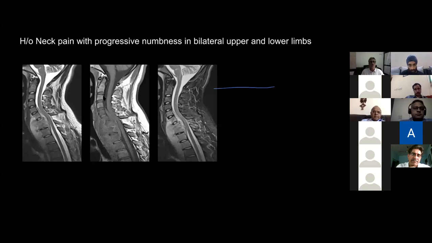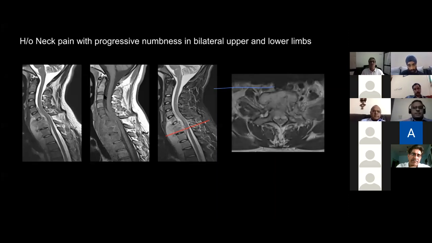So ossification means some fatty changes have come within the thickened portion. If there is thickening which is black on all three sequences, but there is a central increased signal intensity on T1WI, that means there is ossification, some marrow has come, so we call it ossification of PLL.